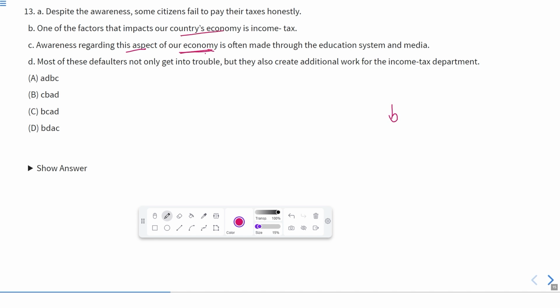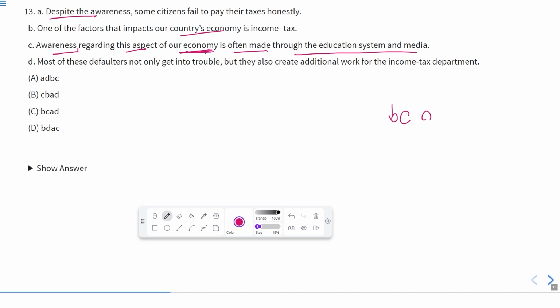After that, we can use this, that awareness regarding this aspect of our economy is often made through the education system and media. Okay, so after B, C should come, and we have talked about awareness over here, and in this A sentence we have talked about that despite this awareness, it means though people are aware of this situation or this aspect, yet they fail to pay the taxes honestly.